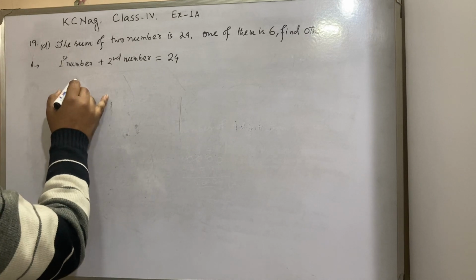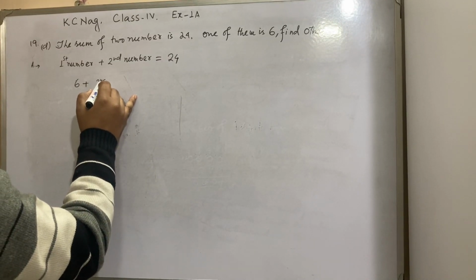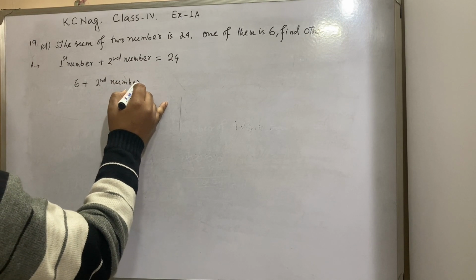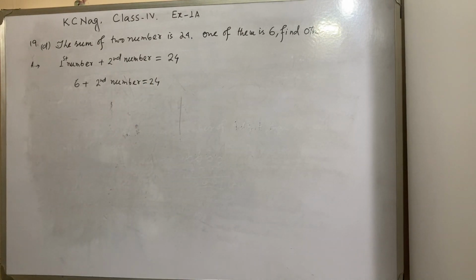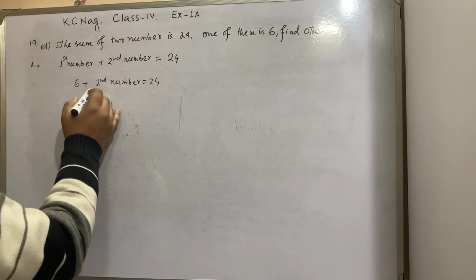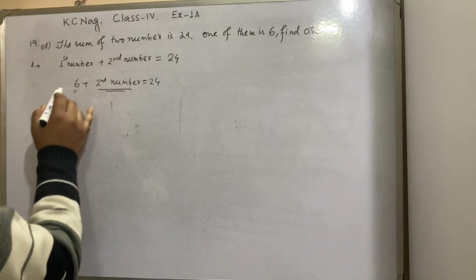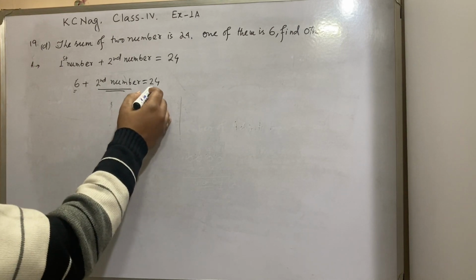Say the first number is 6. Then what is the second number? So here, how much is the second number, so that if you add the second number with 6, the first number, together they will make 24.